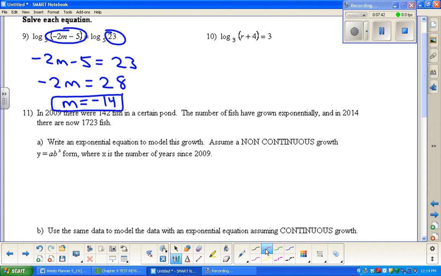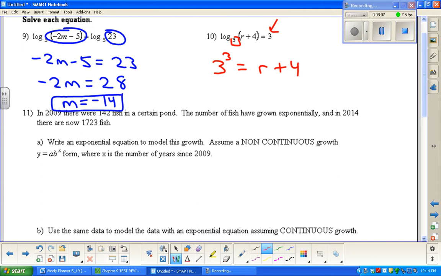Okay, number 10, a little different. There's not a log on both sides, so I can't just set r plus 4 equal to 3. Okay, because notice there's no log on the right side. But we can write this in exponential form. That's usually the thing. If you can't solve an equation, change forms on it. This thing is really just saying 3 to the 3rd power has to equal r plus 4. Okay, so we wrote it as an exponential.